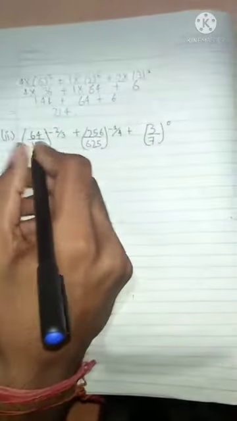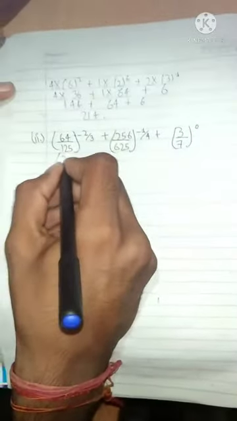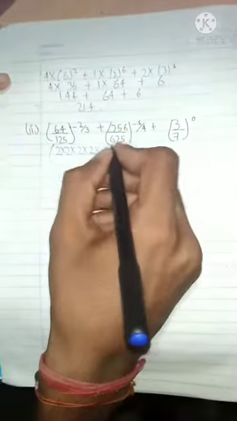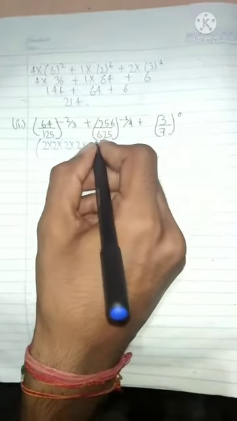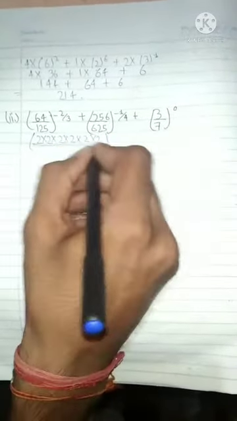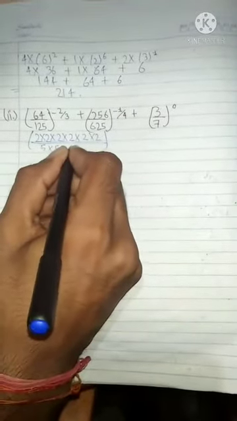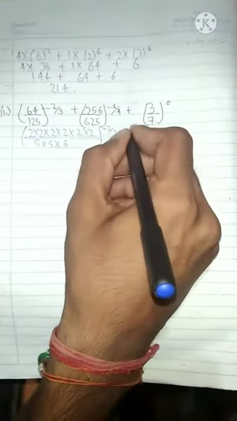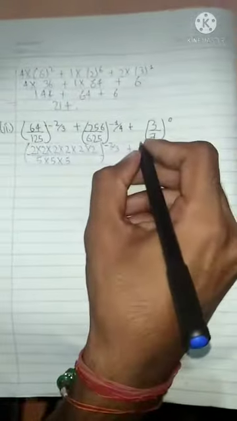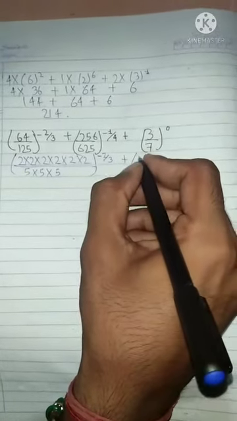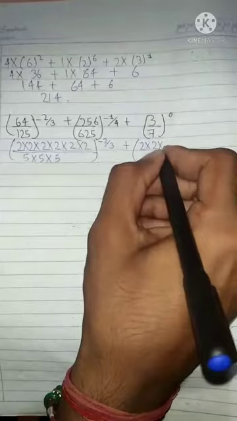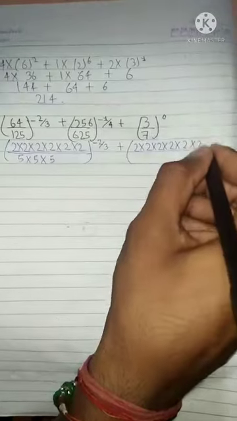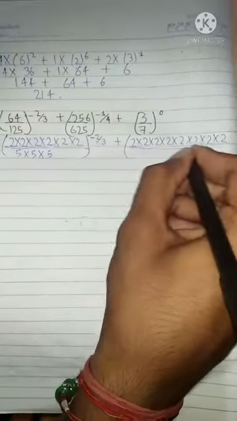So first we factorize 64, it becomes 2 into 2 into 2 into 2 into 2 into 2 upon 5 into 5 into 5, to the power minus 2 by 3, plus factorize 256, it becomes 2 into 2 into 2 into 2 into 2 into 2 into 2 into 2 upon 625.